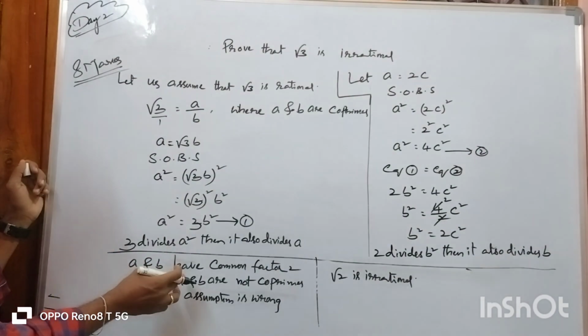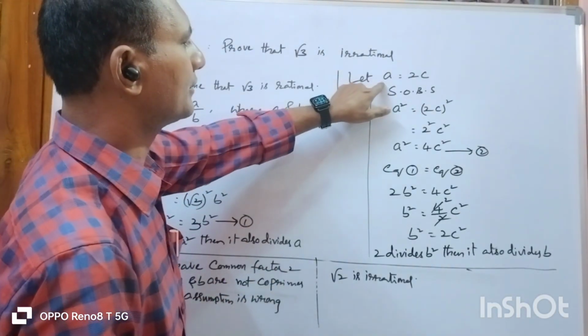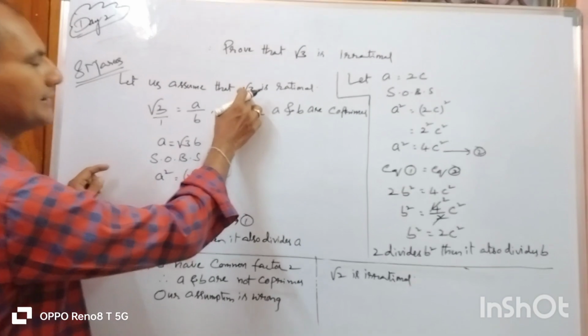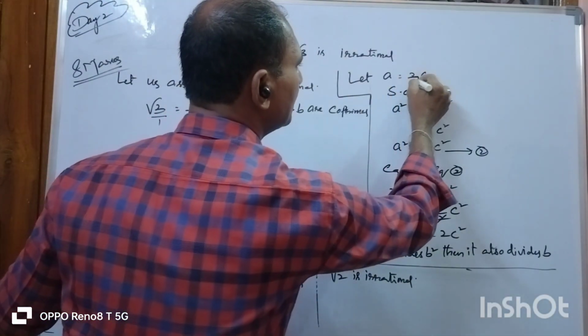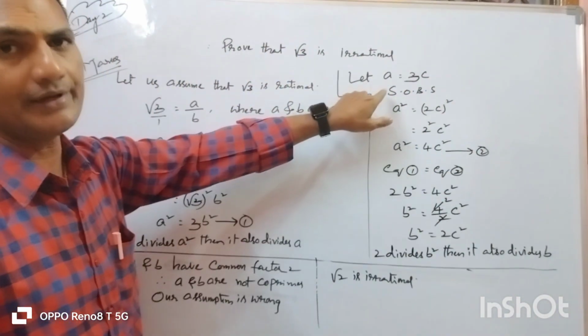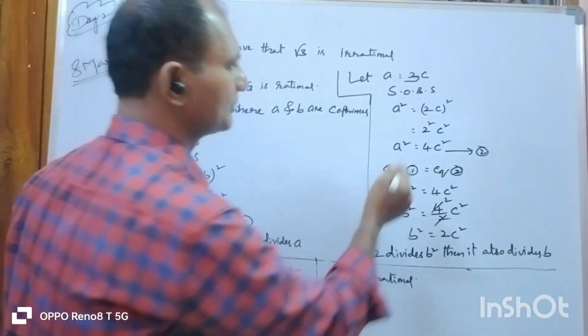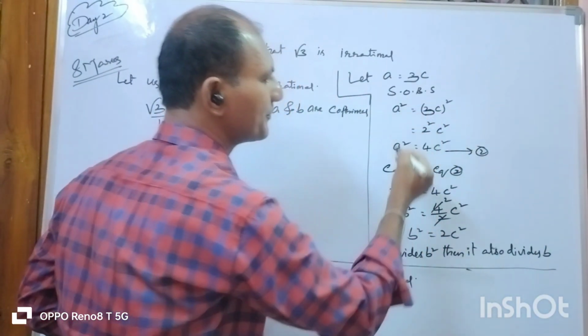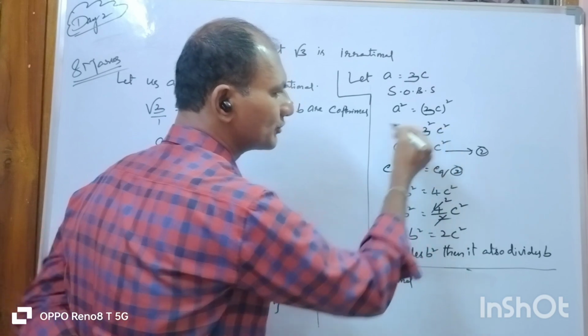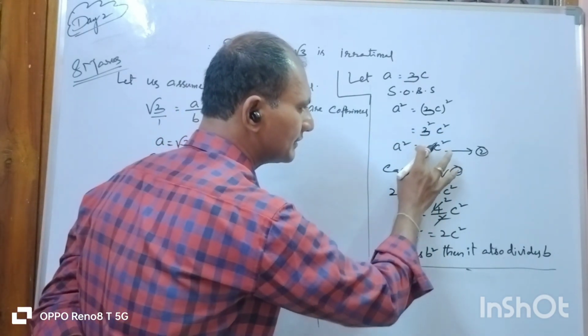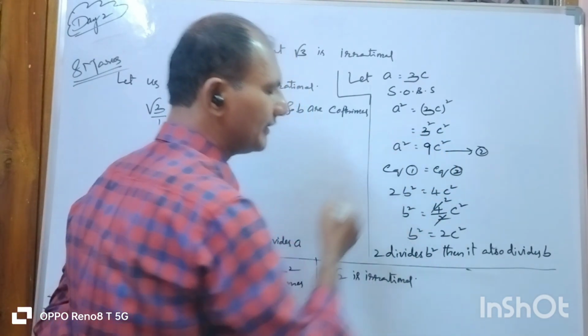Next, let a equals 3c. Squaring on both sides, a square equals 3c whole square, 3 square c square. 3 square is not 4, this is 9.